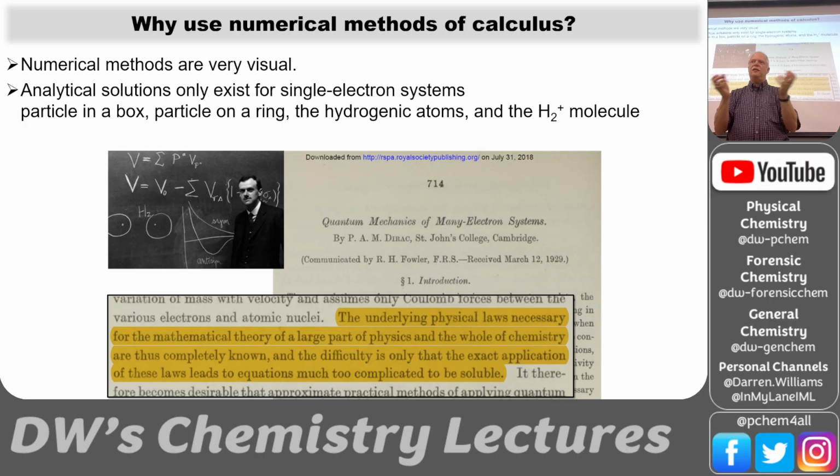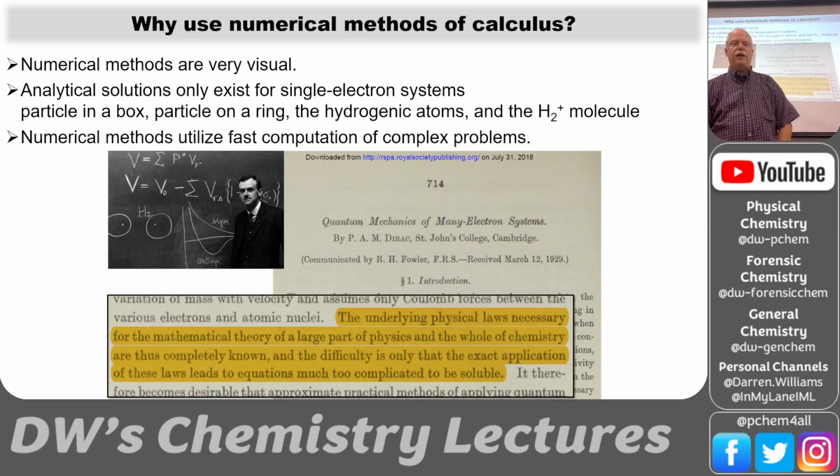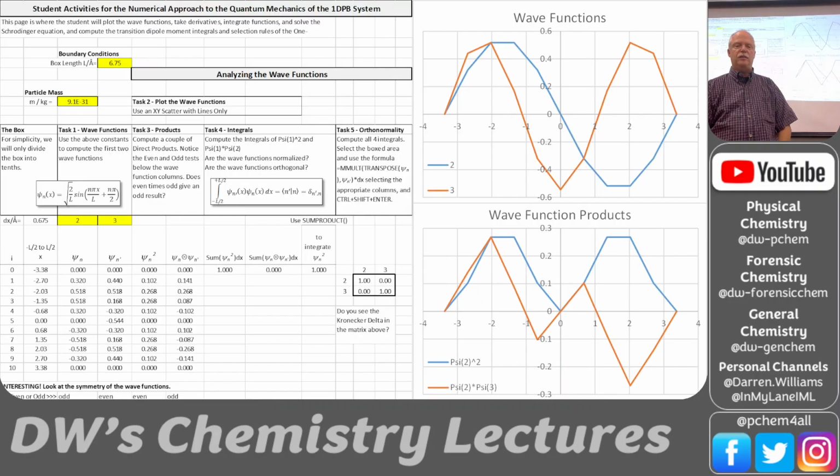But that distance between the particles is a key piece to that Coulombic repulsion, or attraction if it's to the nucleus. But we're dealing with electrons that are waves. So there's not a single location for an electron. So I can't calculate that repulsion piece. So that's electron correlation, and it's a piece that we don't have an answer to. So then numerical methods utilize fast computation of complex problems, and so this is why we're using them.